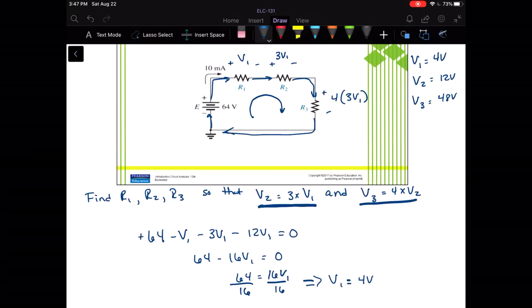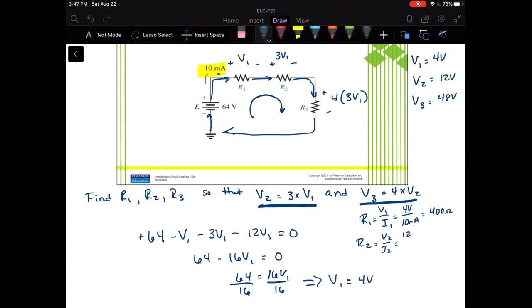So how do I find my resistor values? Okay, I know the current through all of them is 10 milliamps. So I'm just going to use Ohm's law now. So R1 would be V1 over I1, where V1 has to be 4 volts and I1 is 10 milliamps. So that would be 400 ohms. R2 is V2 over I2.